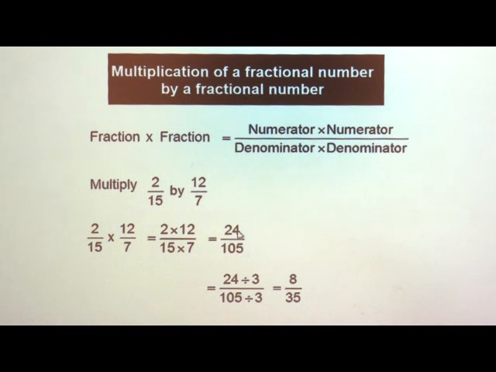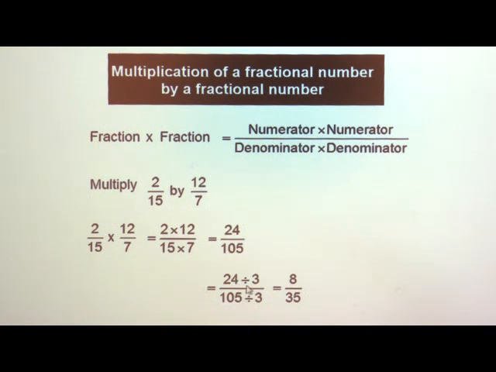Now, we have to reduce this fraction. So, we have to find out by which number this fraction will be reduced, and the numerator we have to reduce by the same number and the denominator also with the same number.